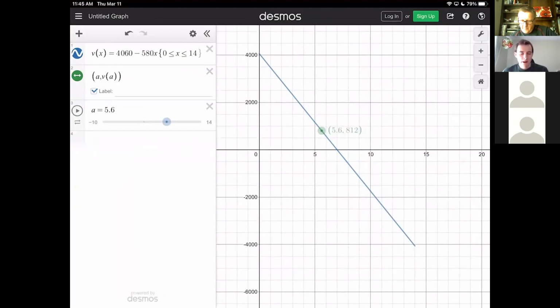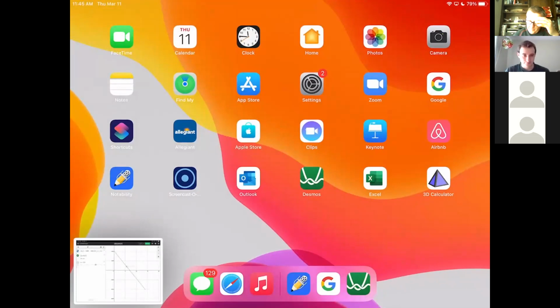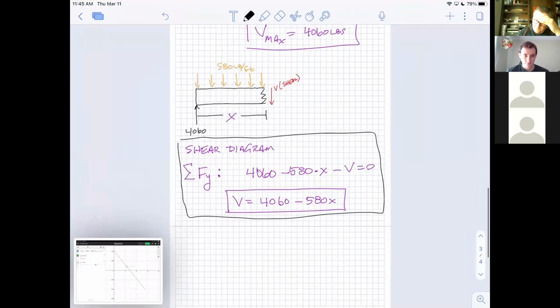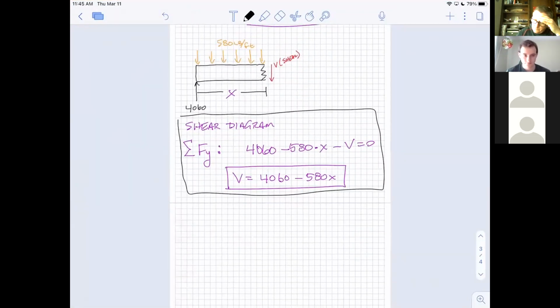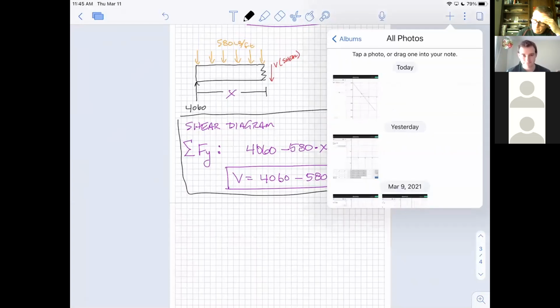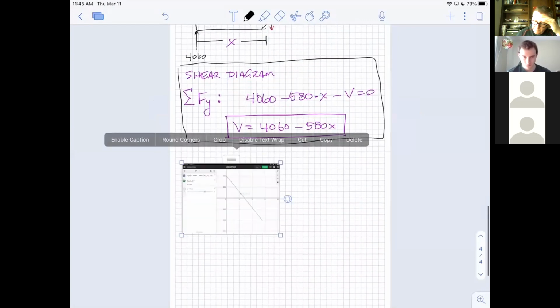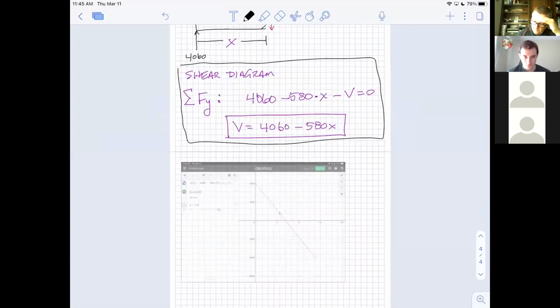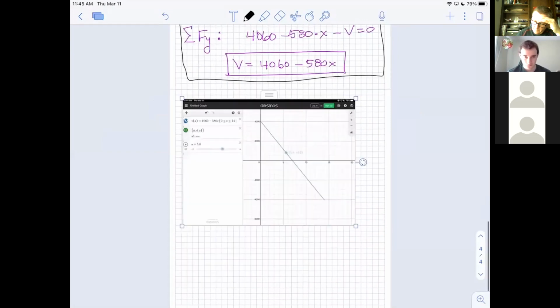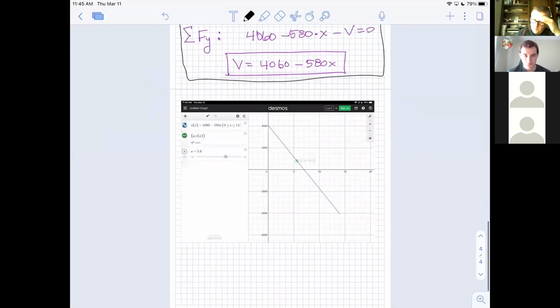That shear equation and this shear diagram, we need to have both of those. So this is actually the shear diagram. That's why it's called a diagram.